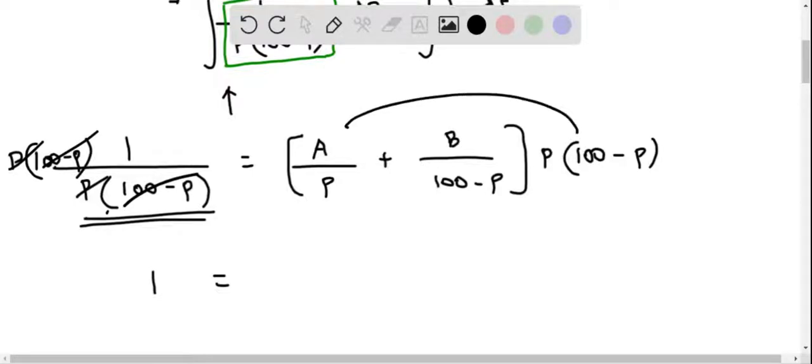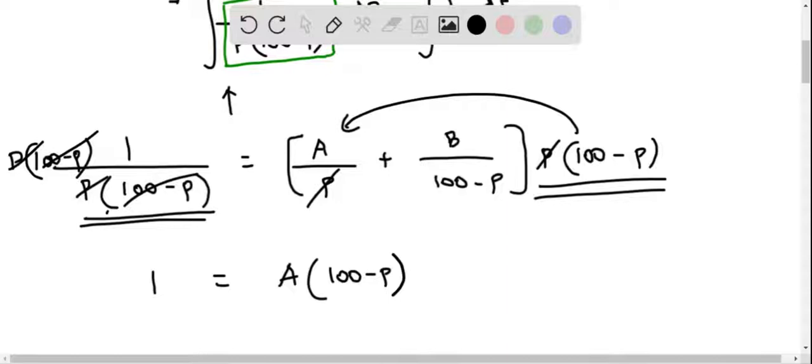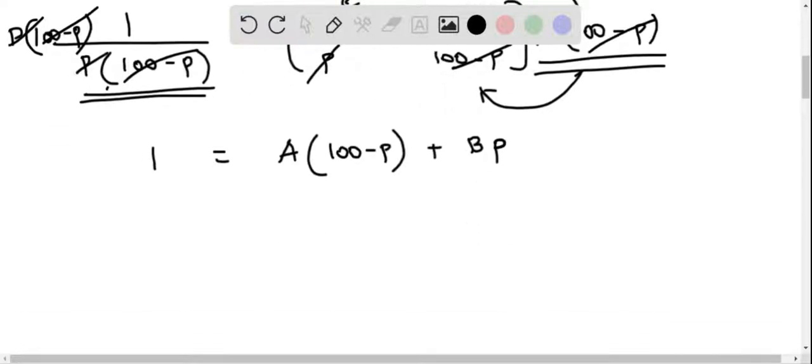Now we distribute this expression into the expression inside the brackets. So A over P times P times (100 minus P): the P will get cancelled, and we'll be left with A times (100 minus P). And then when we distribute with the other term, 100 minus P will get cancelled but P will remain, so we'll basically have B times P. Now let's simplify and solve for A and B.